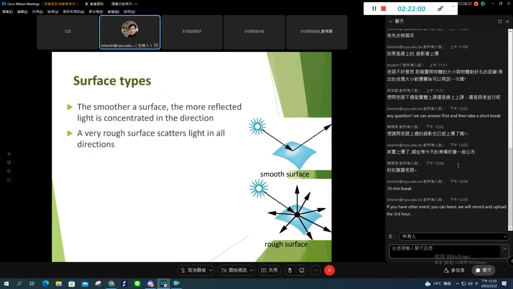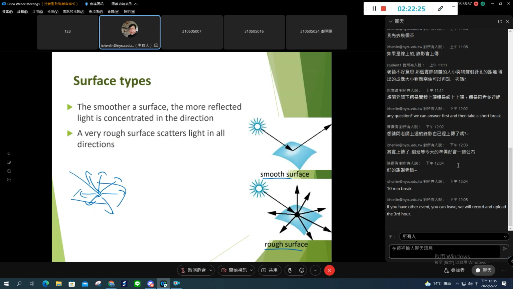And for the material, most materials are actually between a smooth and a rough surface. So what is a rough surface? A rough surface means light hitting the surface will be reflected in all different directions.